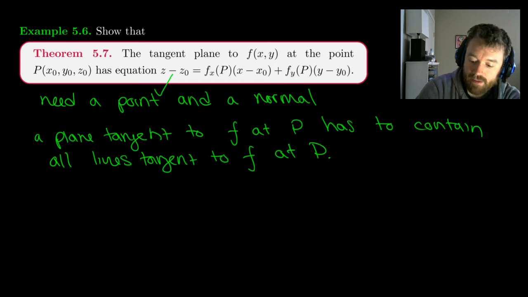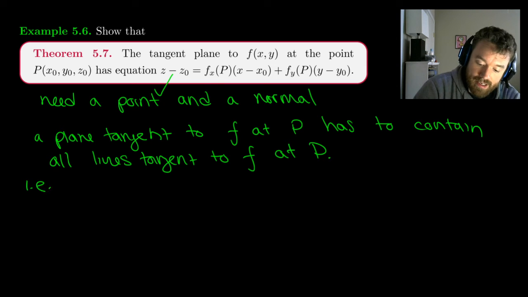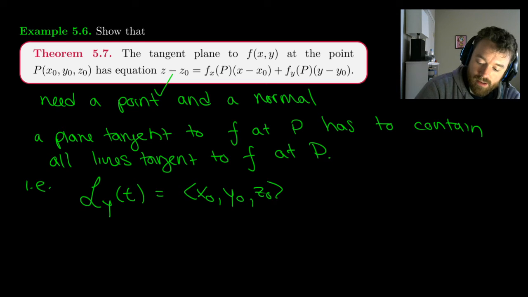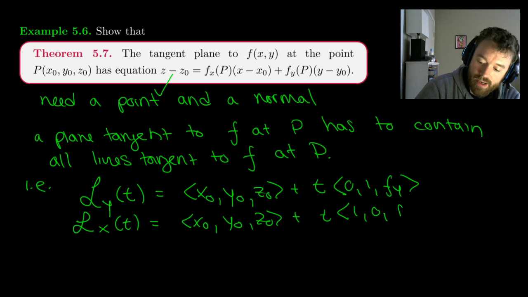So if, for example, we know two very special lines, Ly of t, which is x0, y0, z0 plus t times 0, 1, fy, and Lx of t, which is x0, y0, z0 plus t times 1, 0, fx.